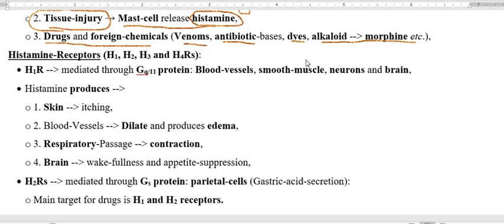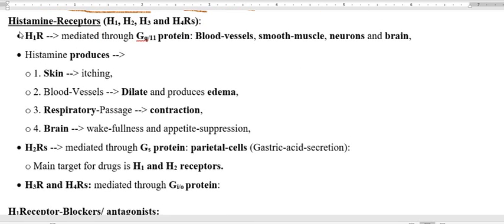And in the same previous class, we already discussed that histamine is going to produce physiopathological or physiological functions particularly through four receptors, and the receptors are the H1 receptor, H2 receptor, H3 receptor, and H4 receptor. These H's are indicating the first letter of histamine.